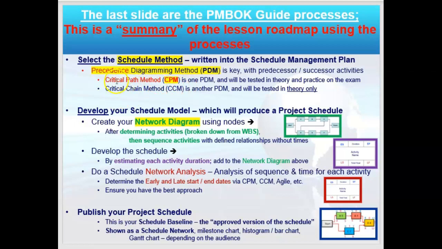We will study and do critical path method during this course. Just be aware of critical chain in theory only for the exam. Once we select the scheduling model, which is going to be a PDM model, we're going to develop our schedule, and that's going to produce a project schedule.